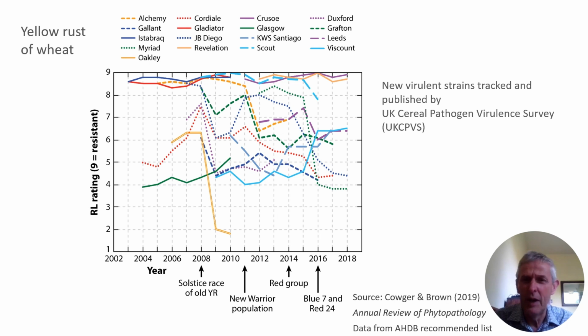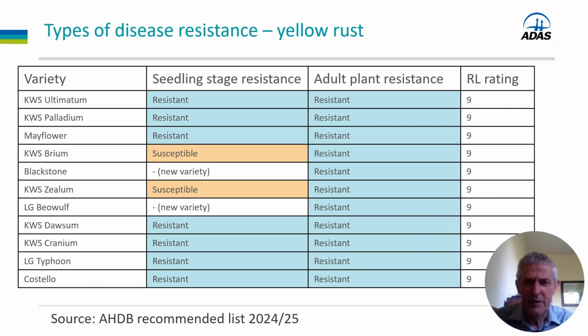But on the positive note, new virulent strains are tracked and published by the UK Cereal Pathogen Virulence Survey, the UKCPVS, and also in recent years varieties that have suffered a significant loss of resistance tend to be removed from the recommended list more promptly than perhaps they were going back into the 1990s, for example. So the other aspect of this type of major gene resistance is that it doesn't always kick in all the way through the life of the crop.